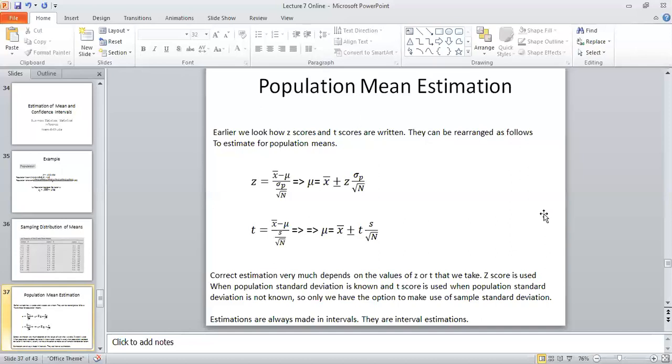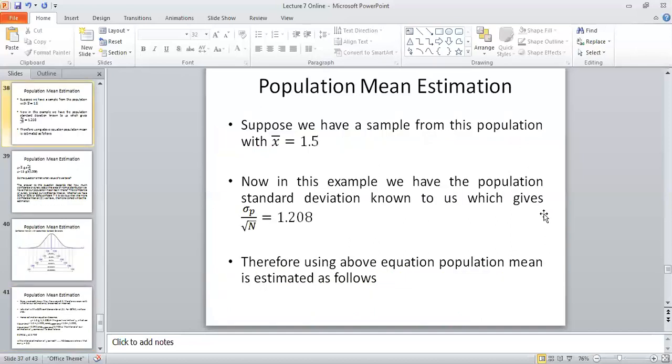Let's take this as an example. Suppose I have randomly a sample from this population, and the mean of the sample that I have got is 1.5. Now I need to estimate the population mean parameter using this sample mean, which is 1.5, available to me.